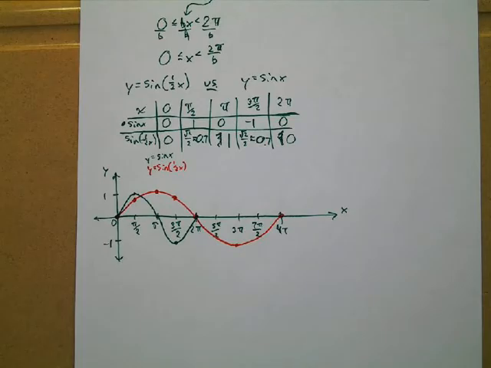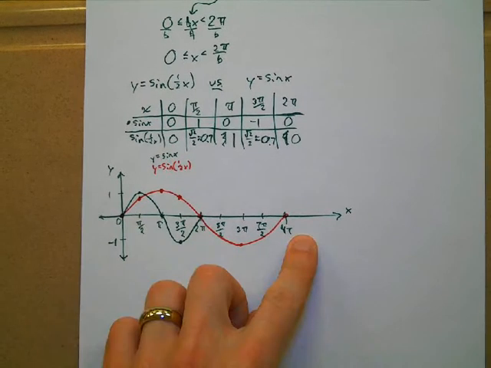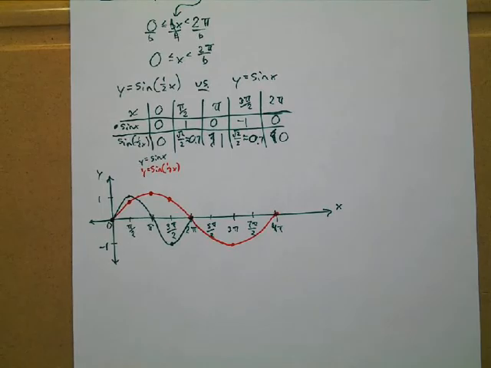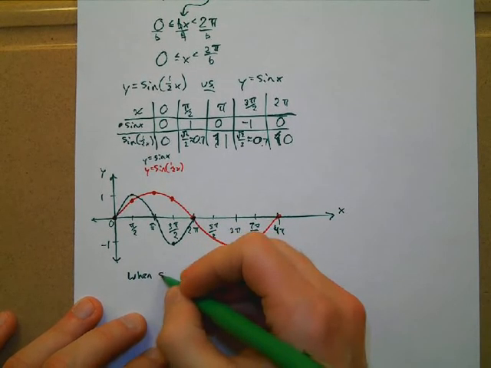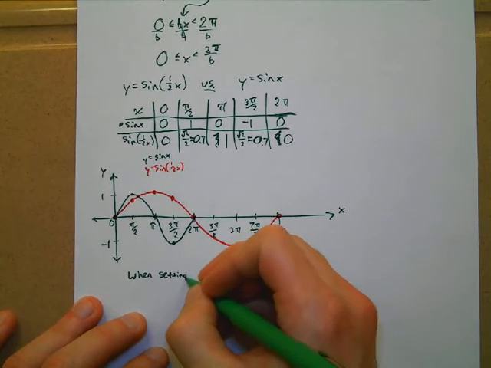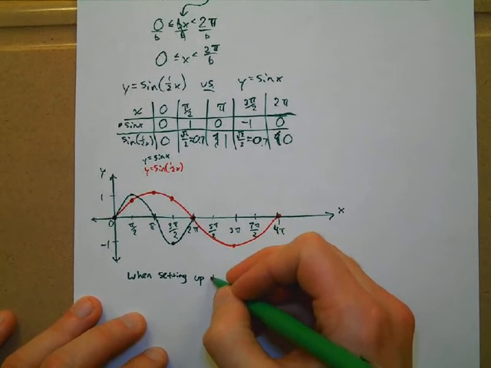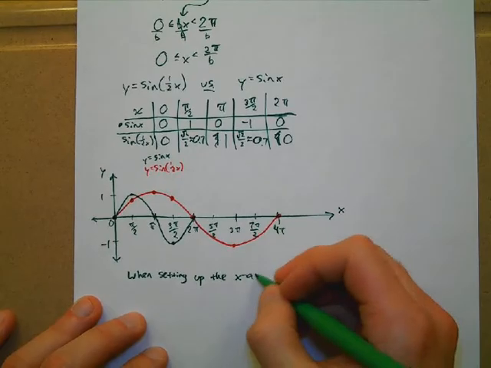When setting up your x-axis, or when labeling the x-axis, you're going to want to label the start and stop point of the period.